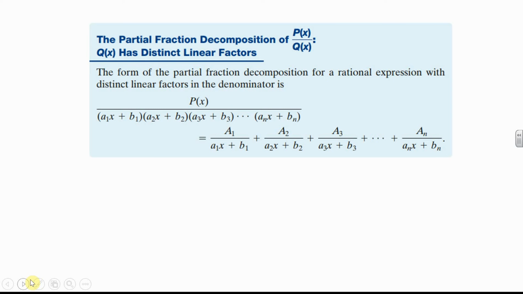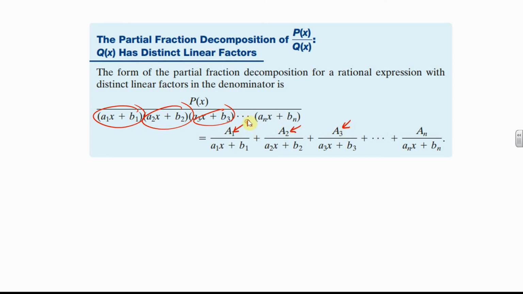Well, 2 things here. The first is, if I have a partial fraction of P over Q, where Q has different roots or linear factors, what are they talking about? These guys are different. So if they're different, then I'm going to write, here we call this A sub 1, this A sub 2, and so on.